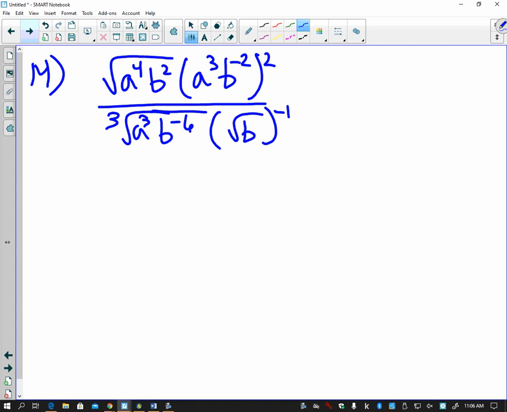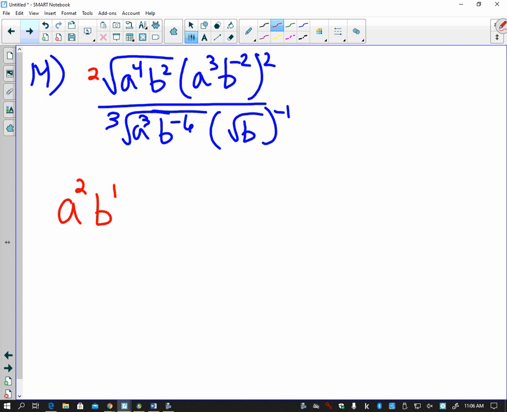Numerator first. Simplify numerator first. I want to get a to the fourth and b squared out of the radicand. Remember that there's a 2 there. So 4 divided by 2 is 2. 2 divided by 2 is 1.